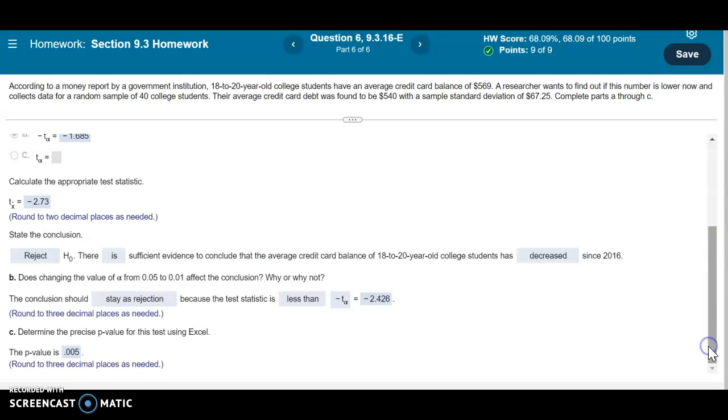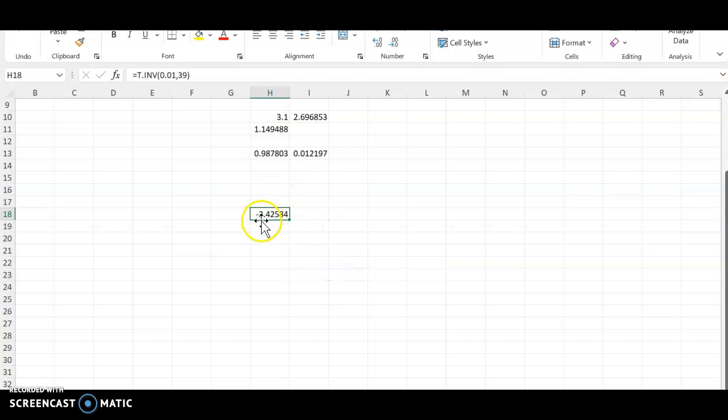Now, determine the p-value for this test. I'm assuming we're determining a p-value. I can't remember if we're doing the p-value for the new test. Let's just try it and see.